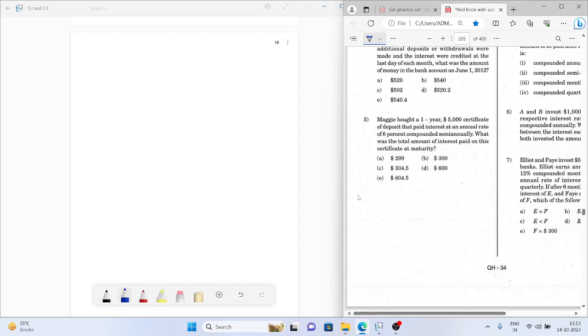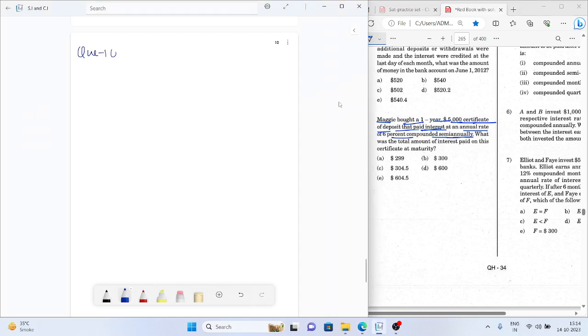What does question number three say? Maggie bought a 1 year $5,000 certificate of deposit that paid interest at an annual rate of 6%, compounded semi-annually. What was the total amount of interest paid on the certificate at maturity? So what does he give in this question?